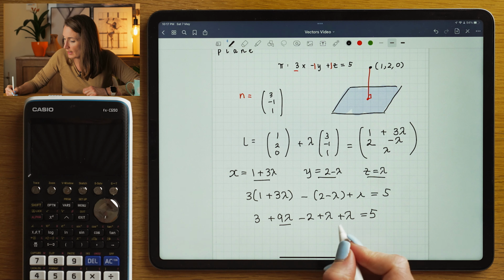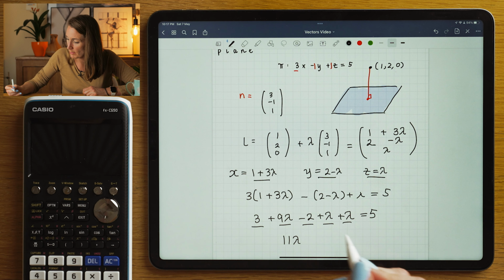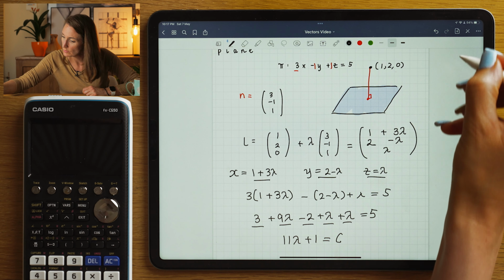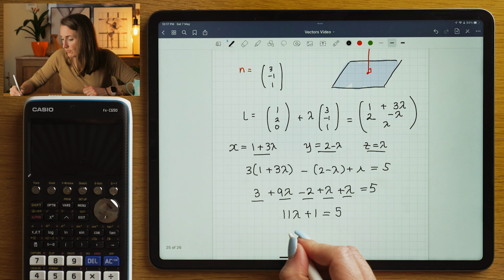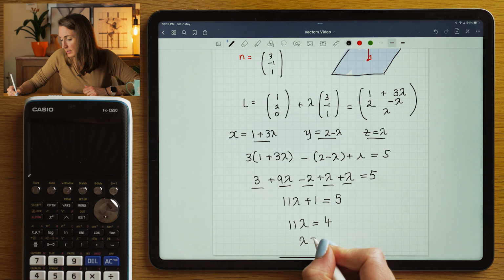So you've got 9 lambda, so that's going to be 11 lambda, plus 3 minus 2, that's going to be 1, plus 1 is equal to 5.